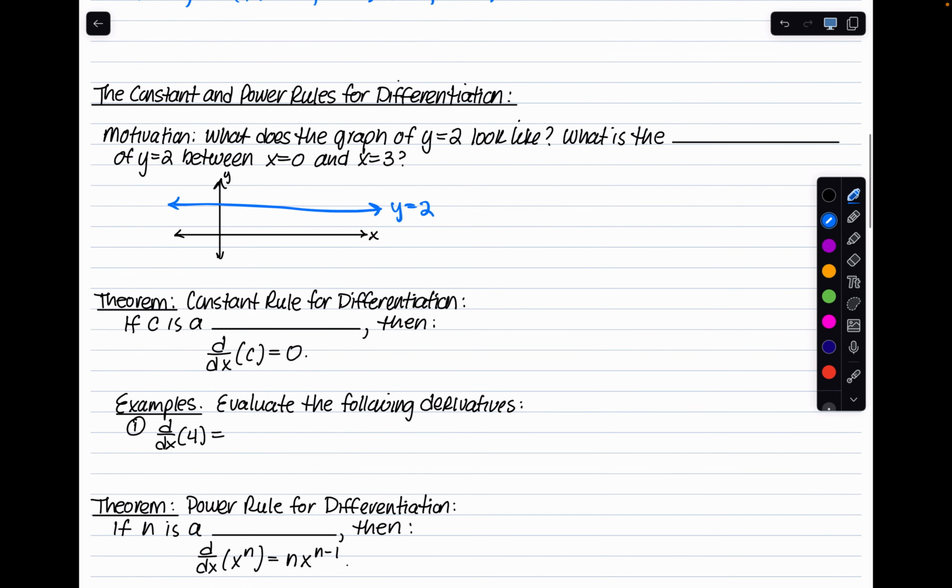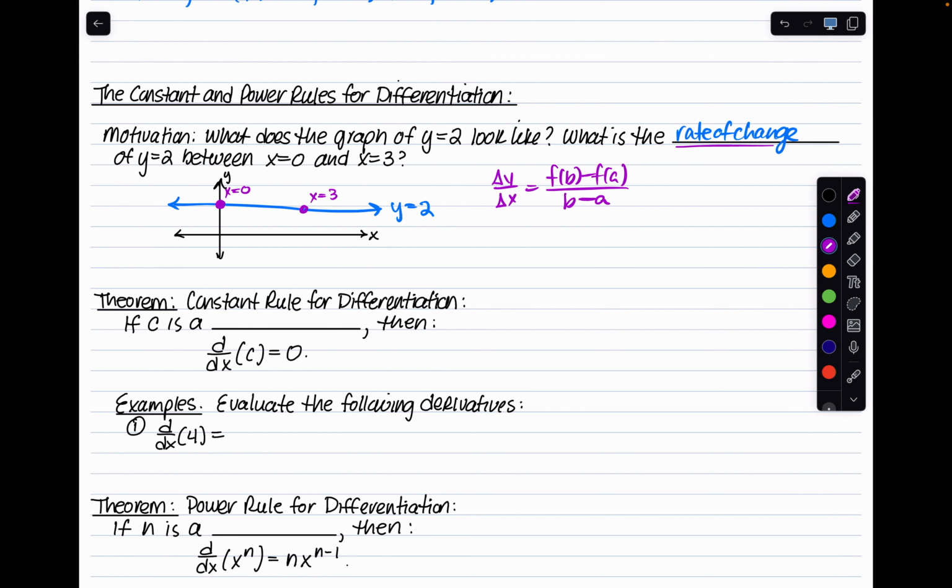What is, then I ask, the rate of change of the graph of y equals 2, from x equals 0 to x equals 3? Well, since we're asking for the rate of change, you could definitely calculate this as delta y over delta x, or f of b minus f of a over b minus a, just like we did in Learning Target L1.